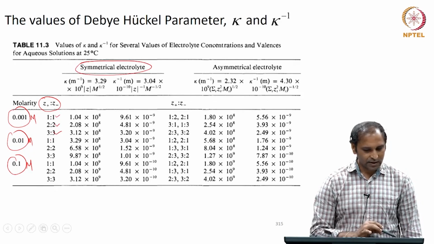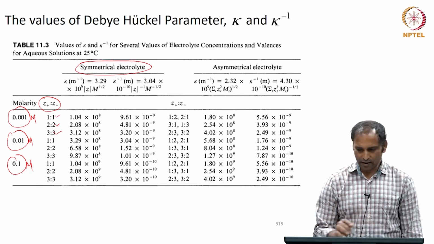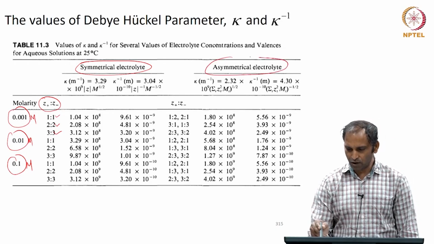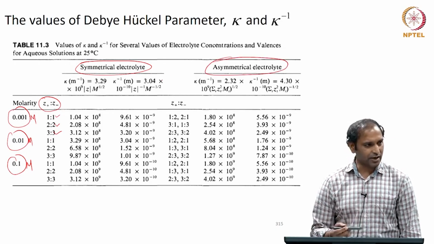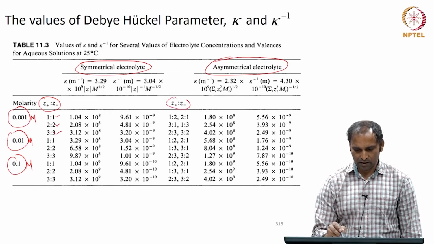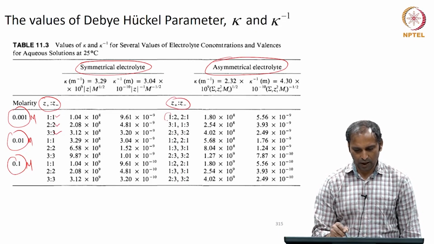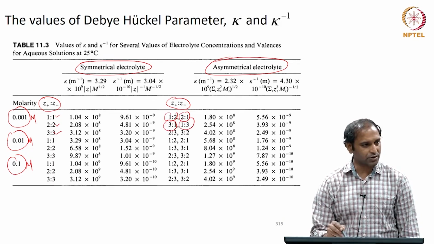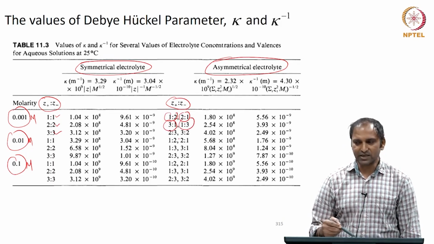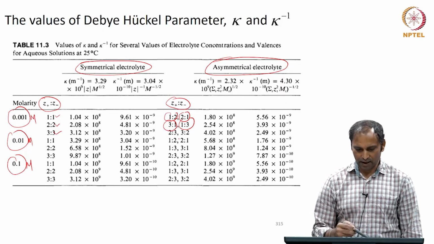The next few columns are for asymmetric electrolytes, where you could have 1:2 or 2:1, or 3:1 or 1:3.